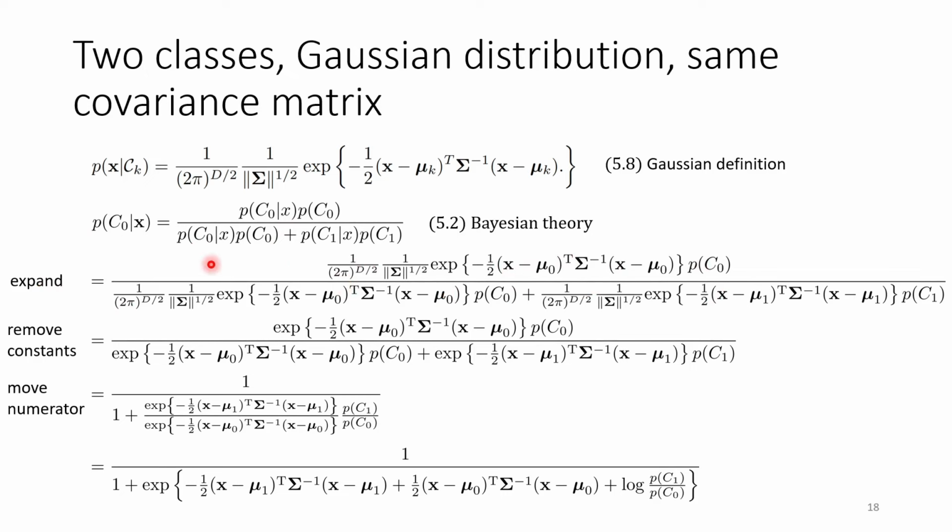However, there are some constant terms here. This is constant, and this is also constant. We can remove them together because this is a division, so it is slightly clearer in this format. Then, similarly, we move the term from the numerator to the denominator. We get this, and because they are exponentials, we can move them this way.